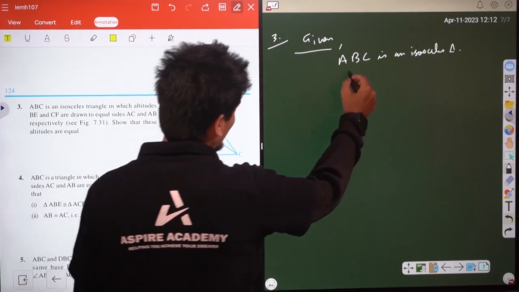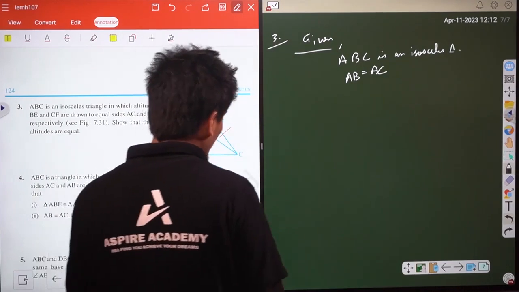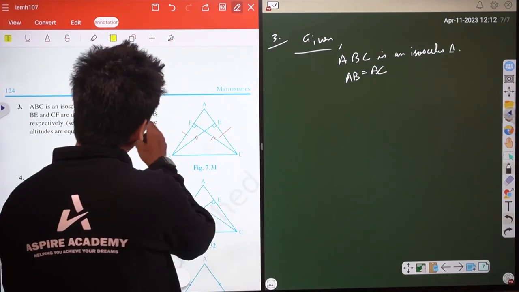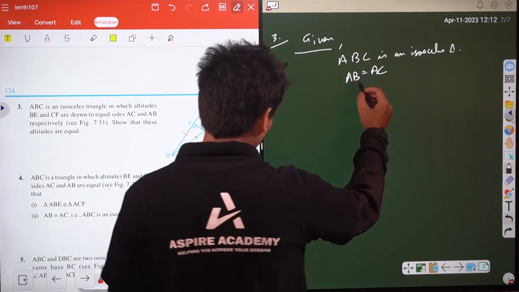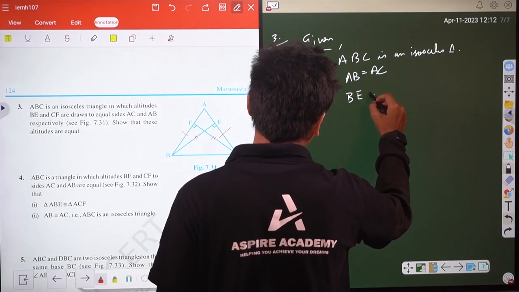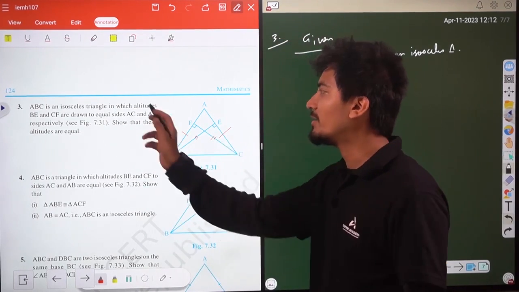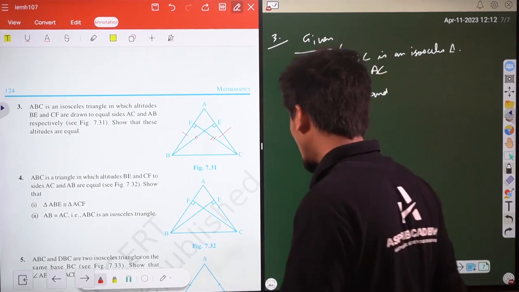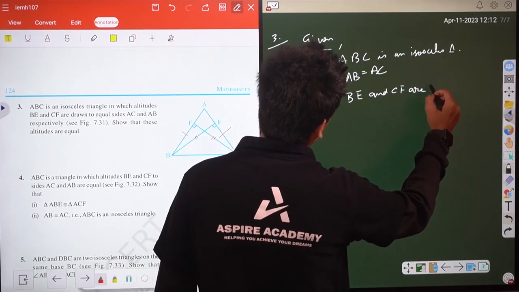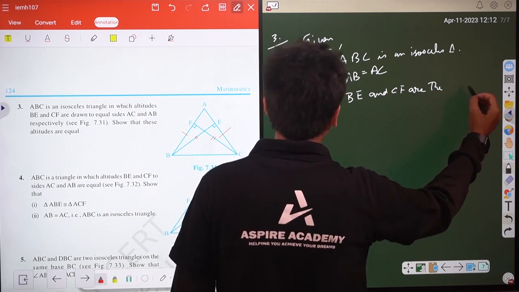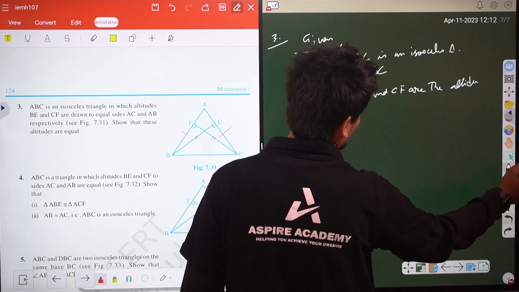That means AB is equal to AC. Now see, we need to prove that these altitudes are equal, but it is given that BE and CF are the altitudes, right? It is given altitudes.